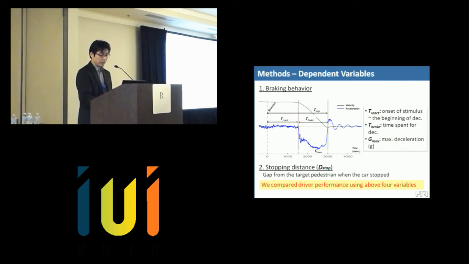We defined reaction time as the duration from the onset of the stimulus to the driver's actual braking behavior. We also used brake duration, how long the driver is braking, and Gmax, which means how hard the braking is. The second analysis target is stopping distance, how far from the pedestrian the vehicle stopped. This is defined as the gap from the target pedestrian, and we compared driver performance using these four variables.